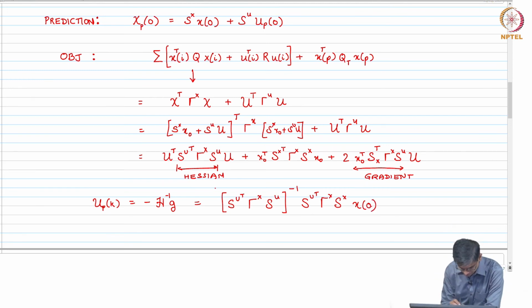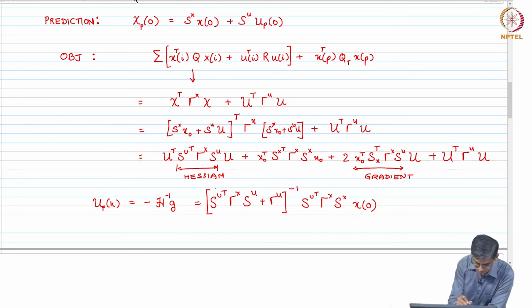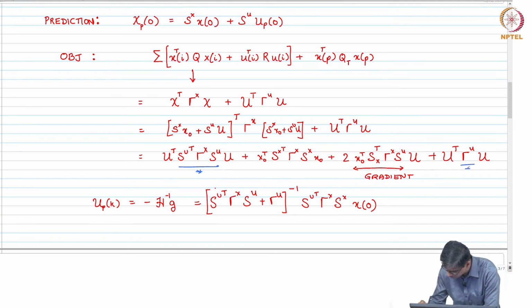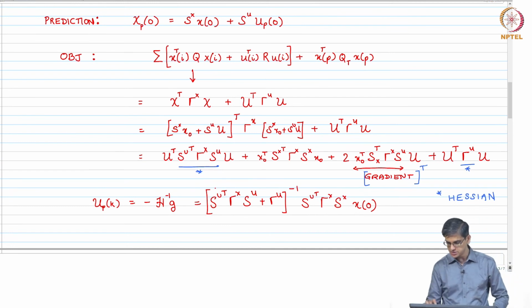Yep, I forgot. Thank you. Right, it is U transpose H U plus 2 times G transpose U. So G is Su transpose gamma x Sx x0, and that is what I have written there.